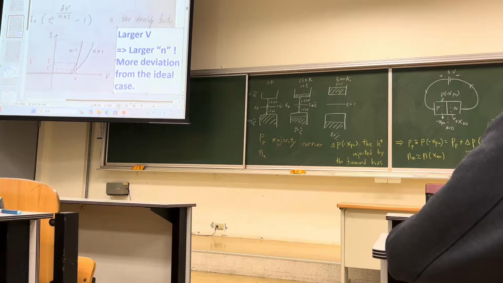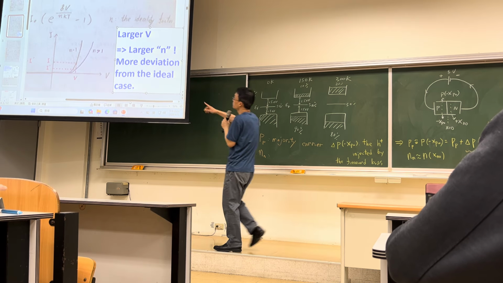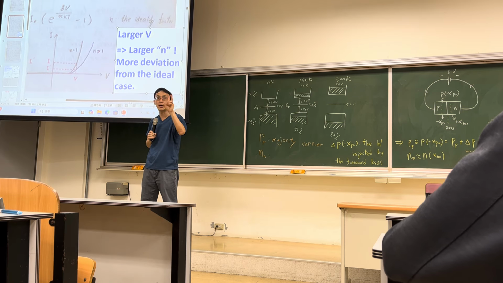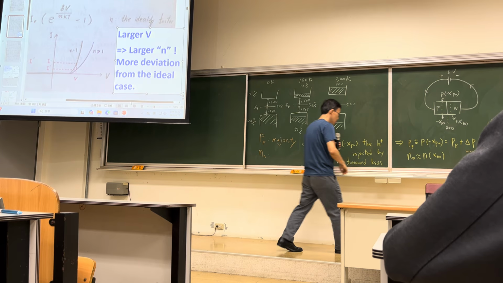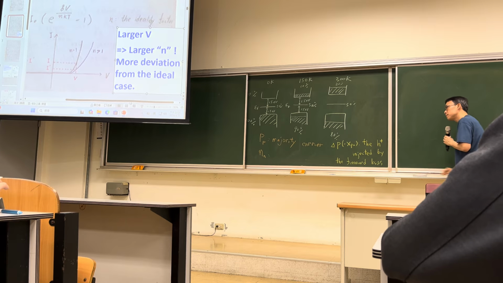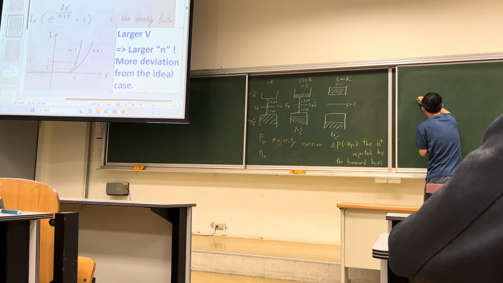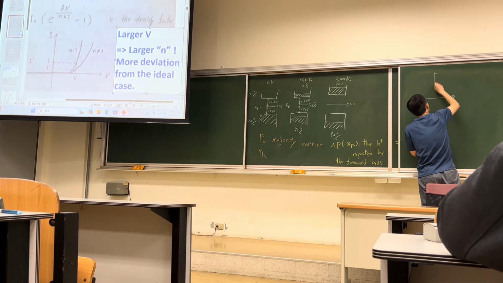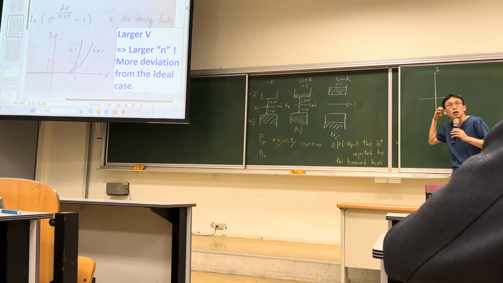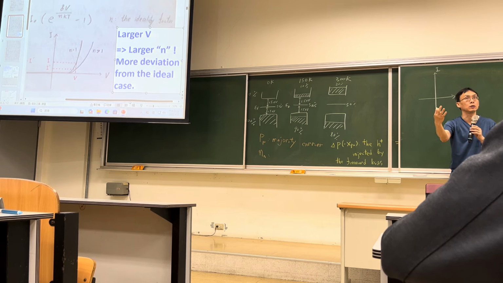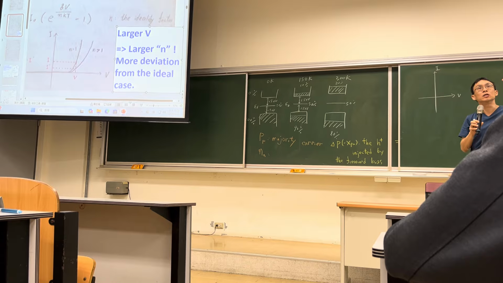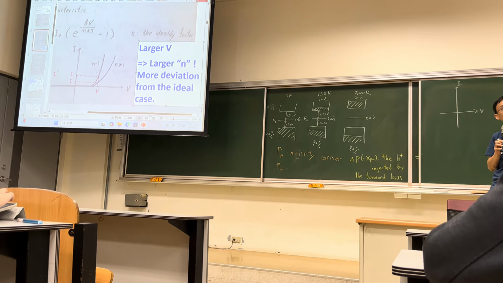So, in this figure, I show you 2 IV curves. See, there are 2 IV curves. Maybe I can draw it again. V, I, right? So, ideally, what do we mean by ideally? Ideally means you have the 4 assumptions, which is the situation for ideal.